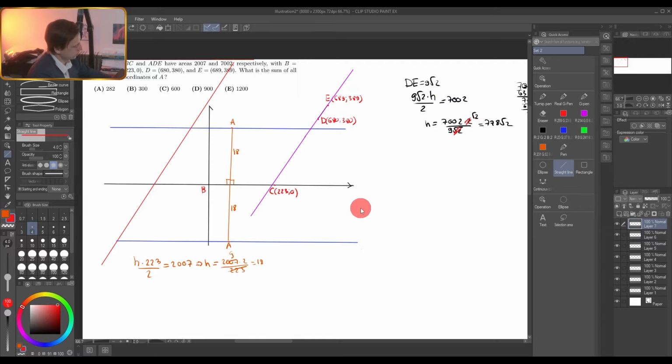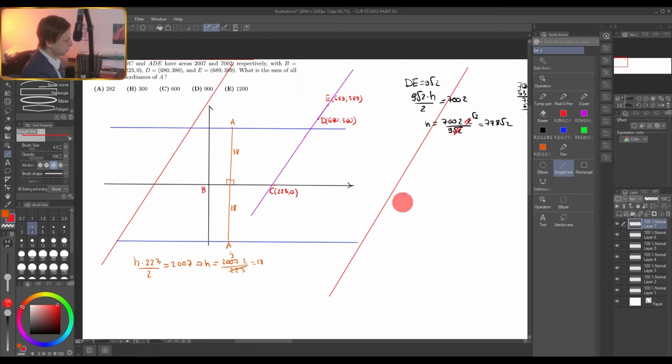Let me also make this line a little bit further, like this. Okay, perfect. So now it looks like this one parallel to this one, parallel to this one, and the distances here are 778 square root of 2. And if A is here, or if A is here, the distance to this purple line will be exactly 778 times square root of 2, and the area of triangle ADE will be 7002.